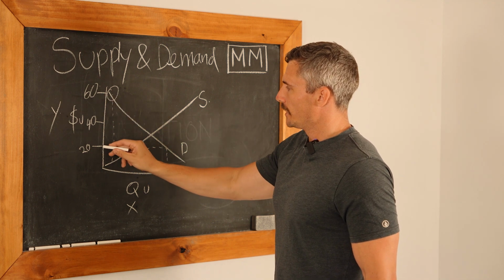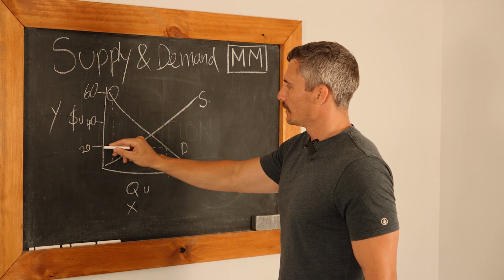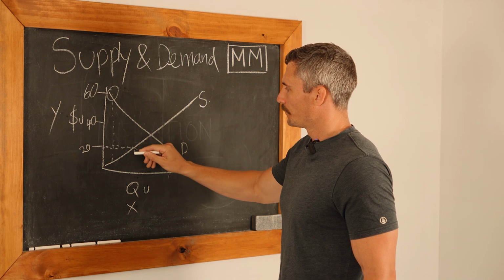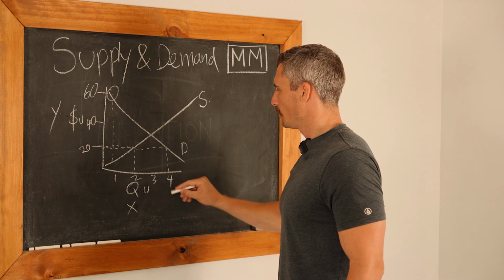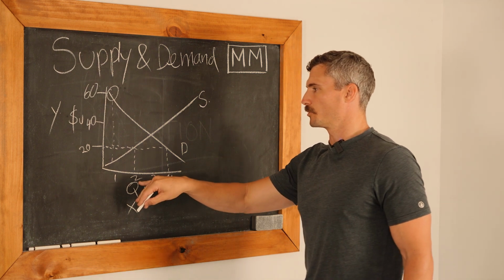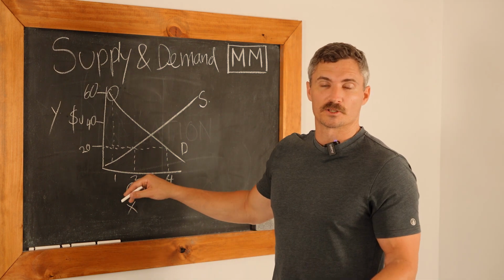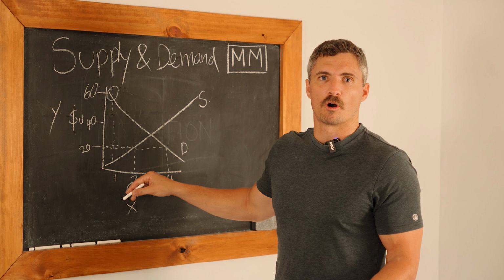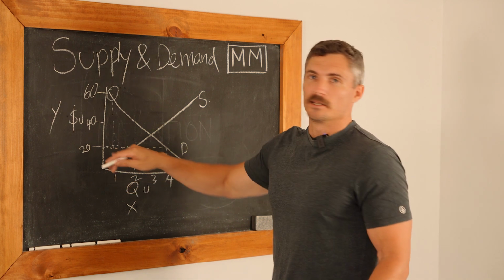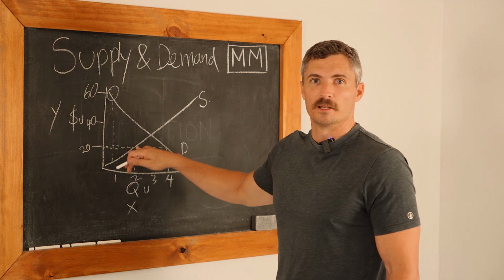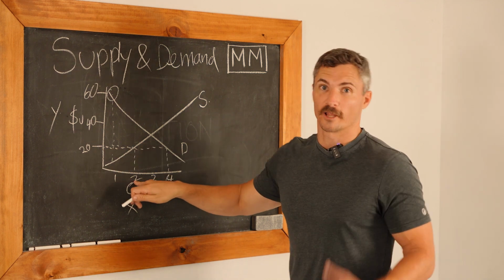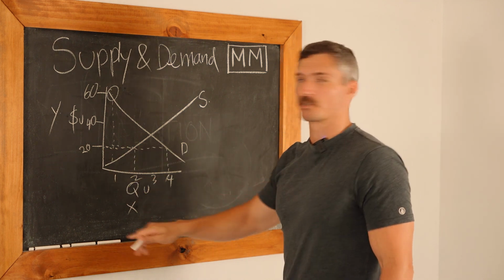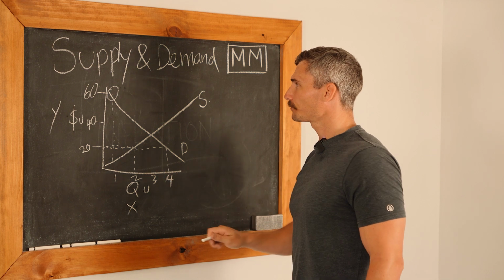So you can see down here at $20 a haircut, well, let's call that 1, 2, 3, and 4, only 2 haircuts are able to be supplied. That may be because at that price, nobody can actually offer a haircut. So in this example, one business might come in, offer a haircut for $20, able to offer 2 before they essentially go out of business. And that cycle would continue to reverse.